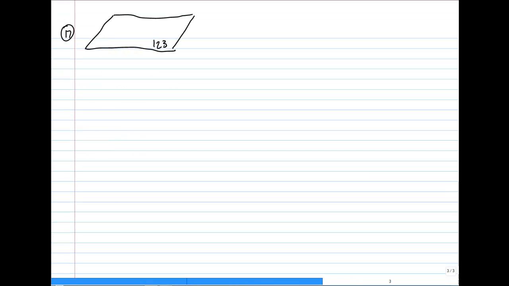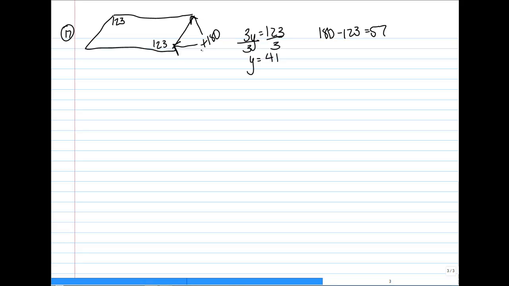So if this is 123, this would also be 123, but it says that it is 3y. Divide both sides by 3, and y is 41. Also, this side and this side together add to be 180. So 180 minus 123 gives me 57.